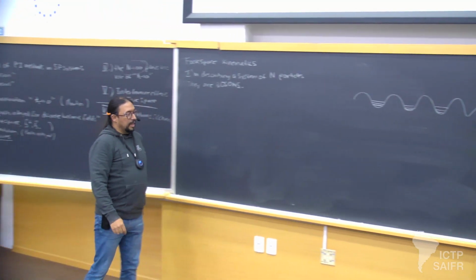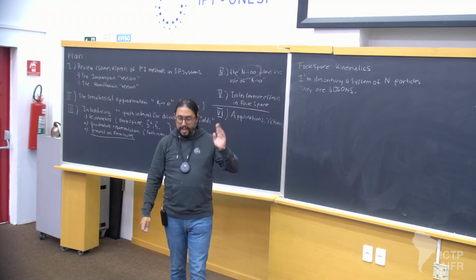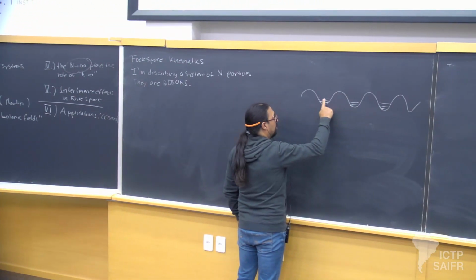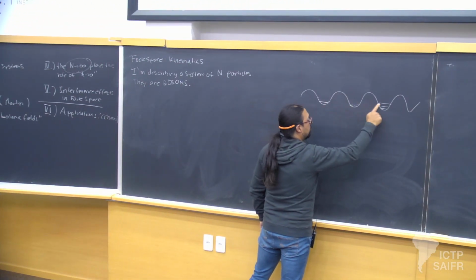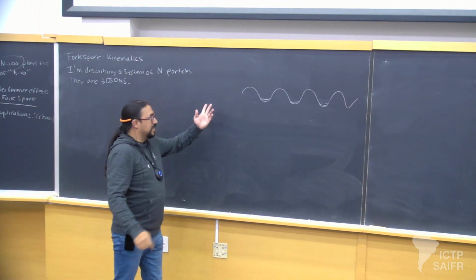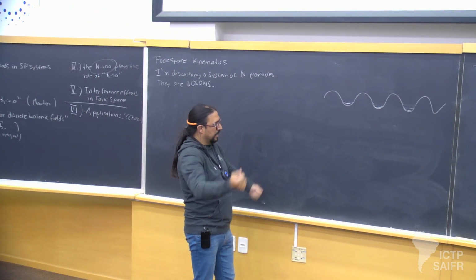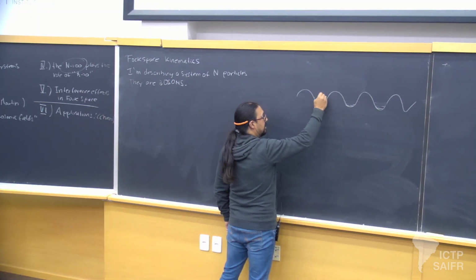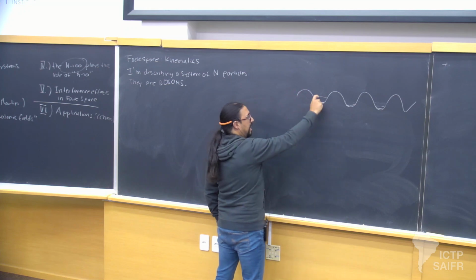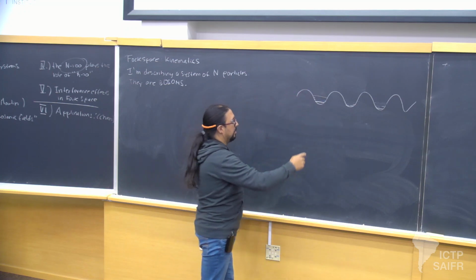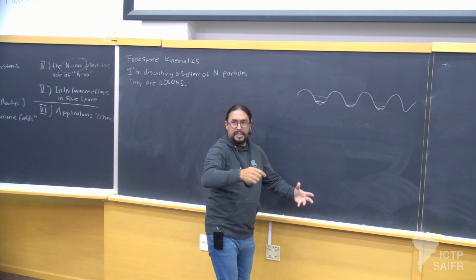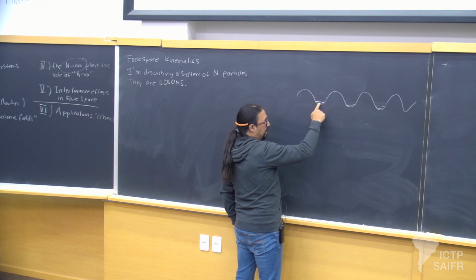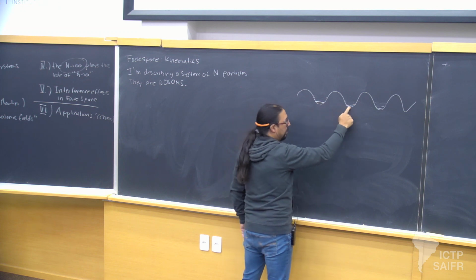Let's do the extreme case, which can be tuned experimentally, where I only care about one state per well. For example, I devise my experimental setup in a way that the next state in this well is here, and this energy difference is so large that to put a particle there requires a lot of energy, and it's easier to put a particle here or there, or to put two there and one there.